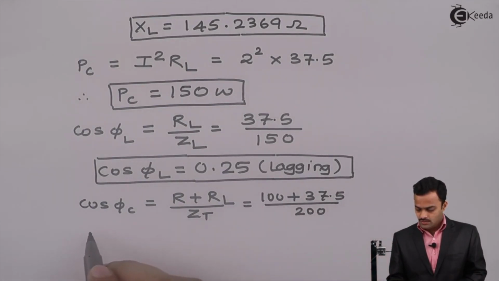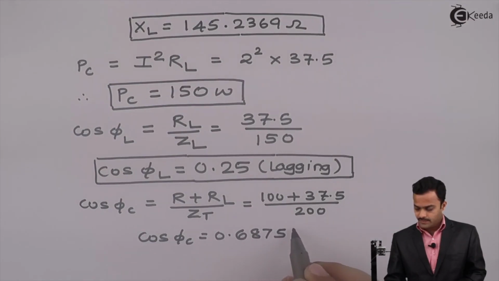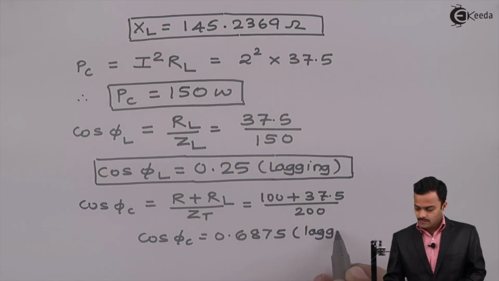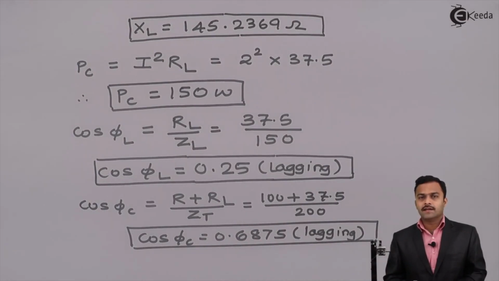So if you solve, you will get power factor of the circuit as 0.6875. Again, it's an inductive circuit, so nature is lagging. This is the end of the problem.